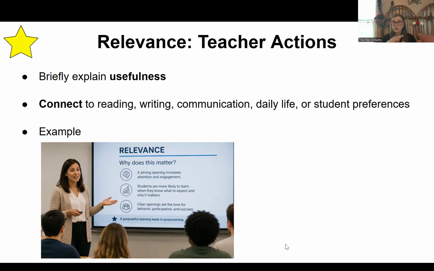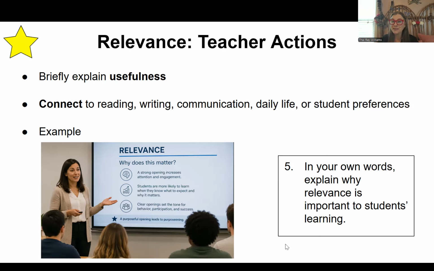They're not going into it cold. And they acquire those skills better when they know what they're learning matters and why it's important. And when you have a really clear opening, it sets the tone. You are setting the tone for behavior, for participation, and in the end, for success.